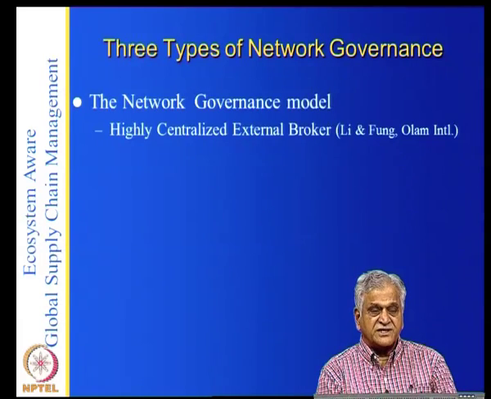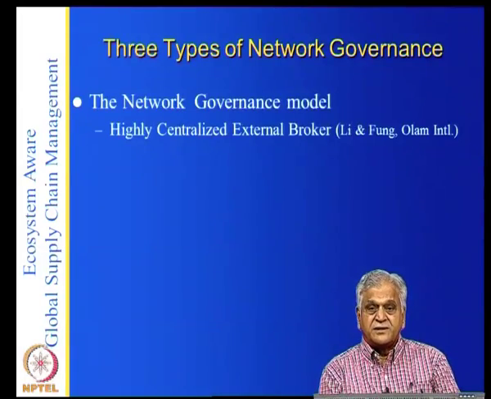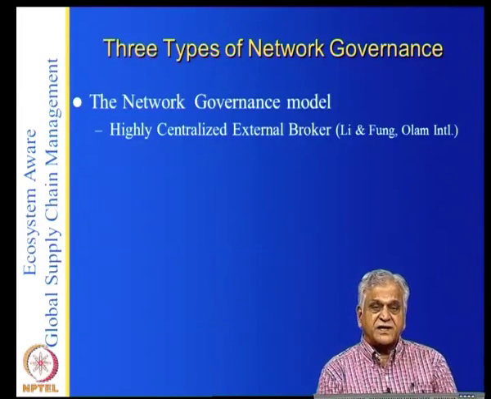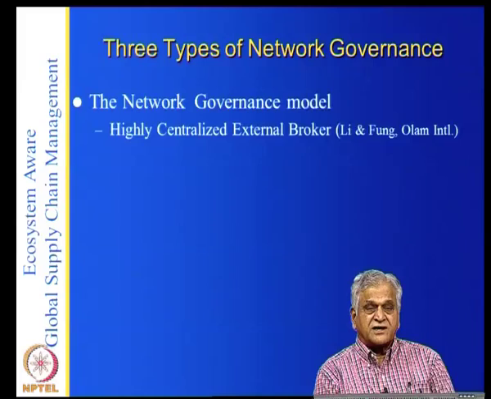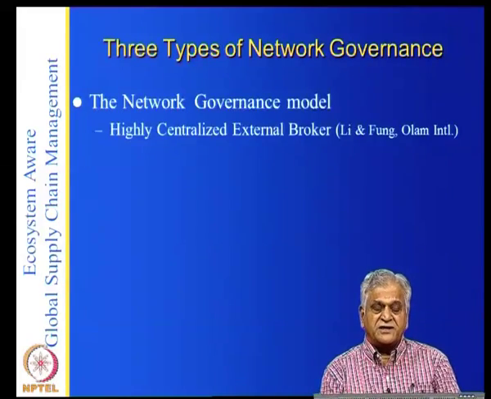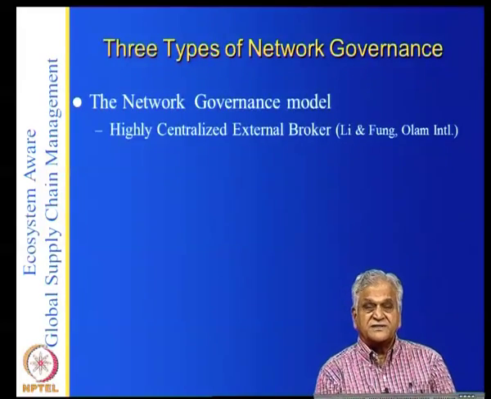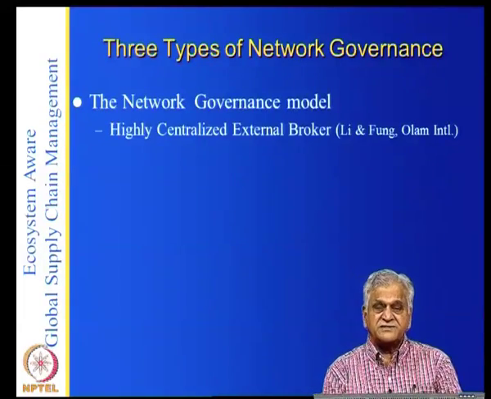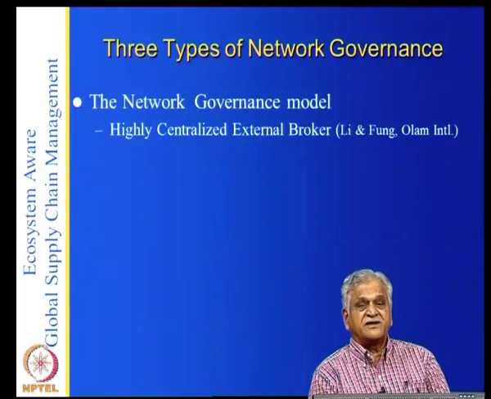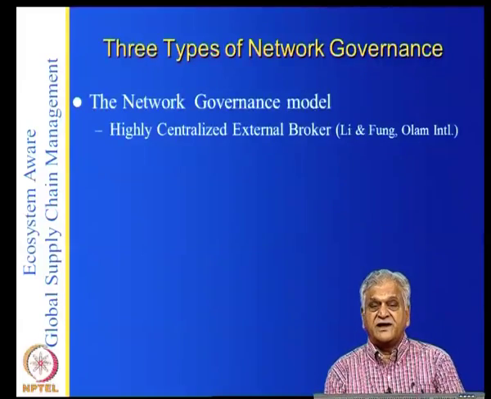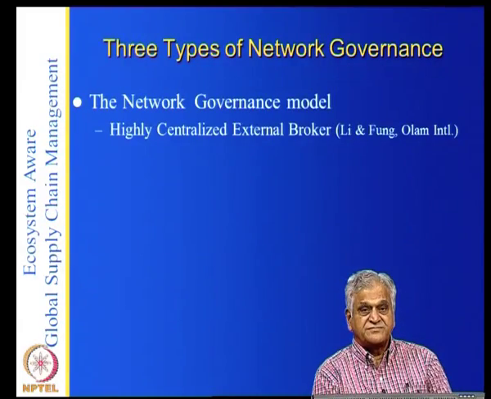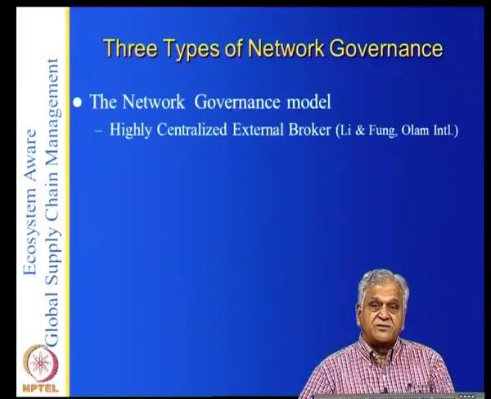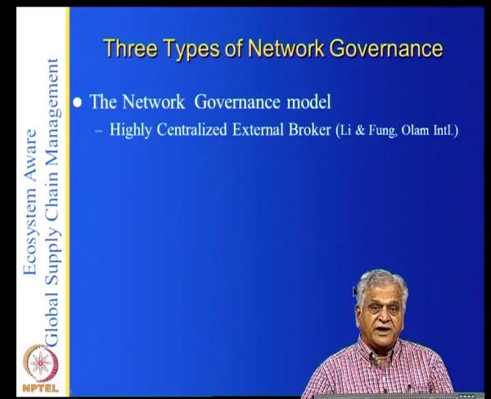He is not a part of this, but what he has is the connections. He has connections with the retailers to get the orders. He has connections with each of the suppliers in each of these countries. He has government connections. He has connections to choose the logistics players. He has connections with the banks to get financial help if any of these partners need it. That is one model that we have.